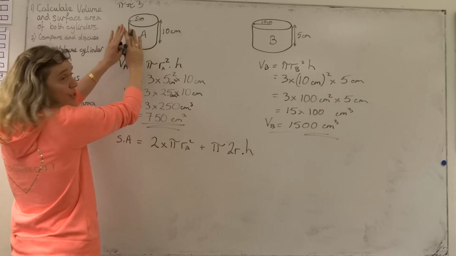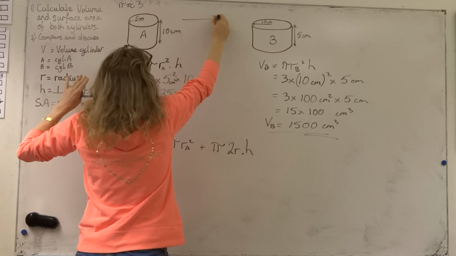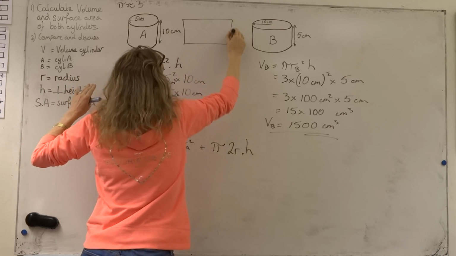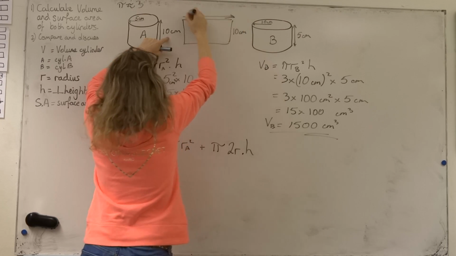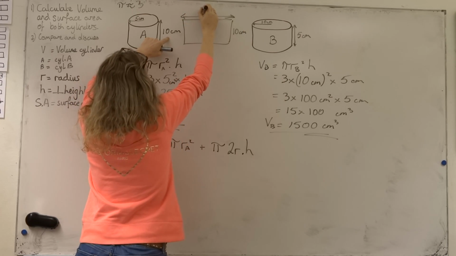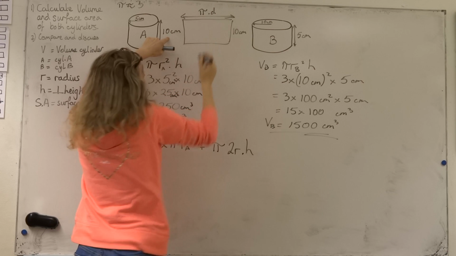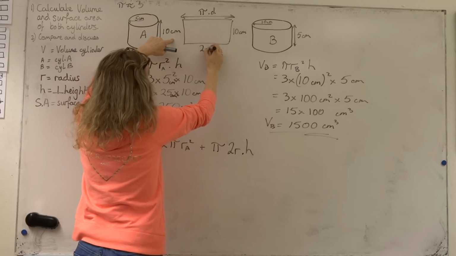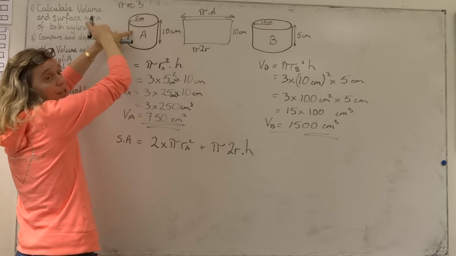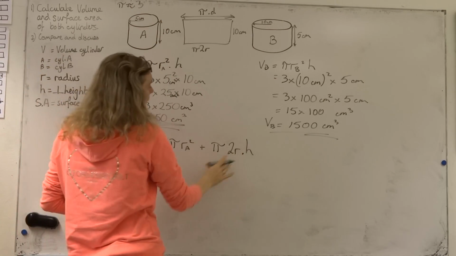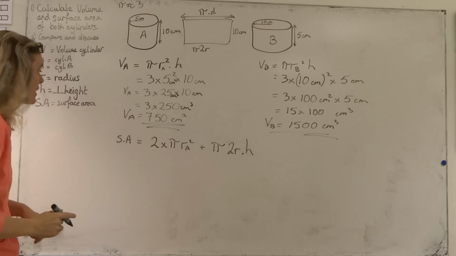If we were to stretch this out, we'd get a rectangle where the height would be 10 centimetres and the length at the top of the rectangle would be pi times the diameter, or pi times 2r, because that's what the outside of the top of the cylinder is. So we'd have that as our rectangular area.